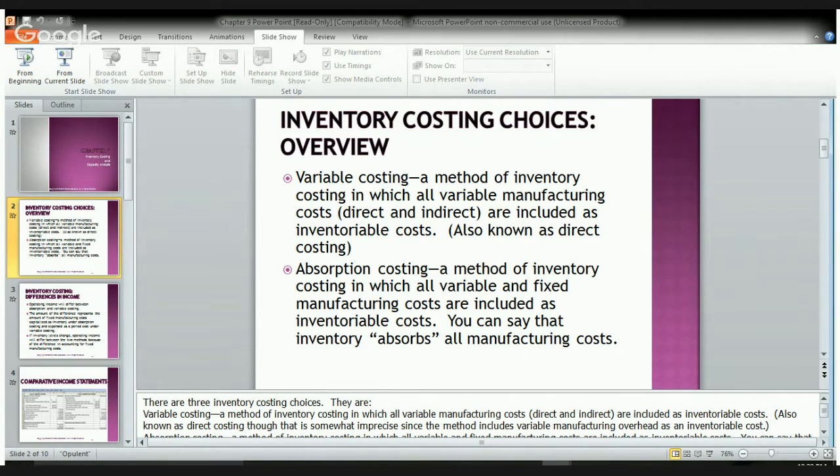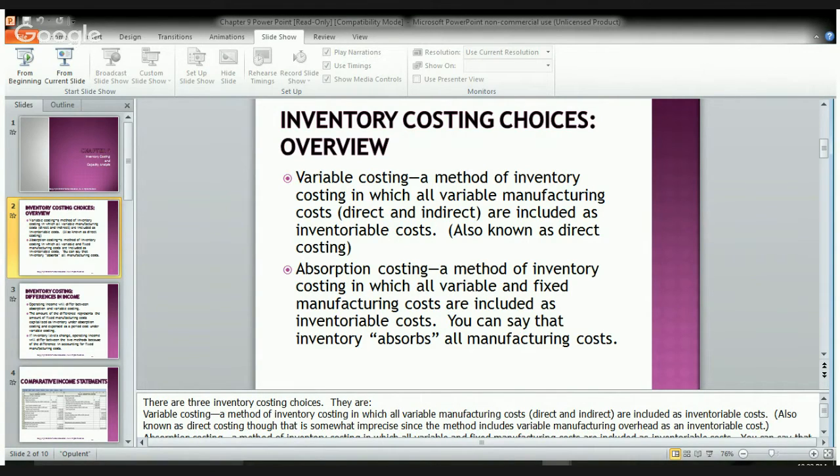Now, the differences in income. Operating income will differ between absorption and variable costing. It's just how it is and how you figure it out. It's always going to be different. The amount of difference represents the amount of fixed manufacturing costs capitalized as inventory under absorption costing and expensed as a period cost under variable costing.